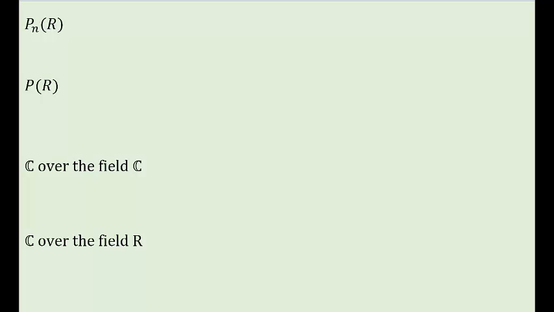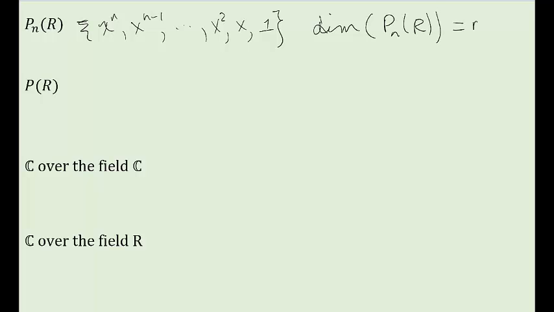The vector space P_n(R) is all polynomials of degree less than or equal to n with coefficients that are real numbers. So a basis for this would be the set of vectors x^n, dot, dot, dot, x squared, x, and a constant. I'll just make it 1. So the dimension of P_n(R) is equal to n plus 1.